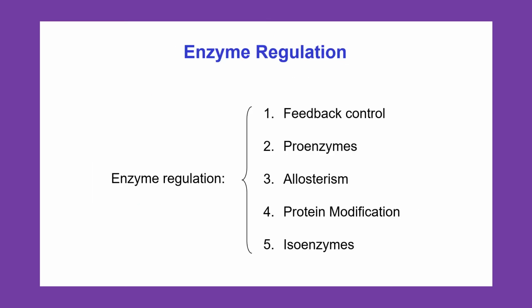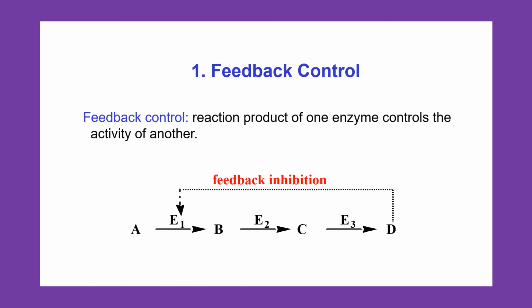Enzymes can be regulated by other molecules that either increase or reduce their activity. Molecules that increase the activity of an enzyme are called activators, while molecules that decrease the activity of an enzyme are called inhibitors. Enzymes can be regulated by feedback control, proenzymes, allosterism, protein modification, and isoenzymes. Enzymes are often regulated by environmental conditions.